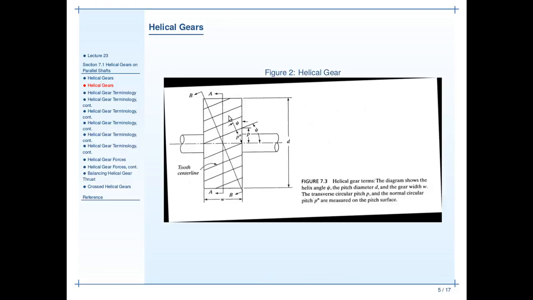This, therefore, is a left-handed helical gear. If the lines ran down on the opposite side towards the right, it would be a right-handed helical gear. The other important thing to note from this picture is the angle psi. That's the helix angle. It's the angle between the edge of the tooth and the axis of rotation.